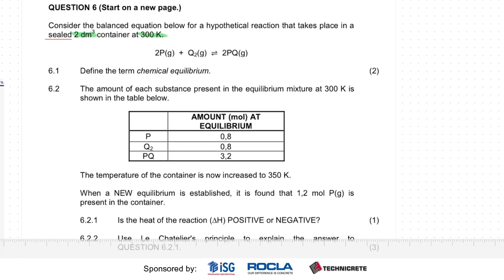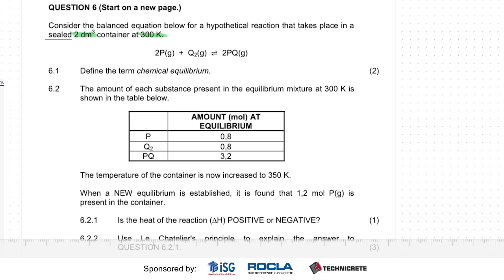Define the term chemical equilibrium. As I always say with definitions, you can phrase it in your own way, but you have to have some keywords as part of your definition. An example answer would be: the stage in a chemical reaction when the rate of the forward reaction equals the rate of the reverse reaction. That's acceptable.